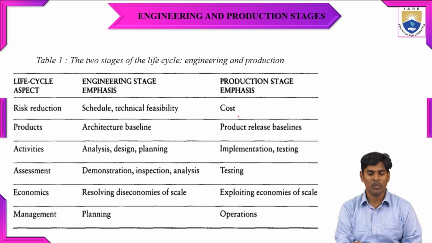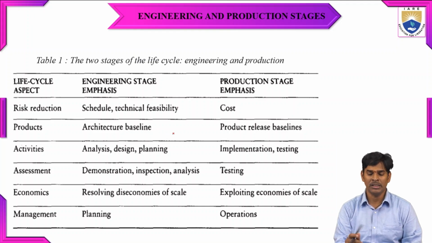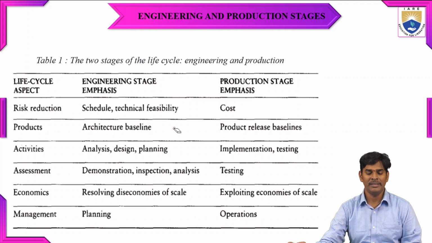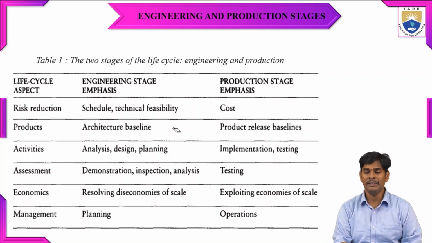And the next one is product. Here in the engineering stage, they are mainly using the architecture baseline. It means in the engineering stage they design the architecture part, and in production they need to release the product. So here the product release baselines and activities.